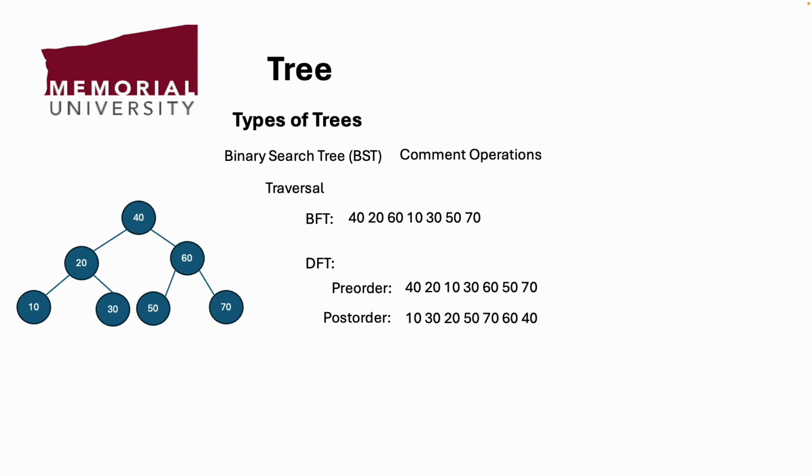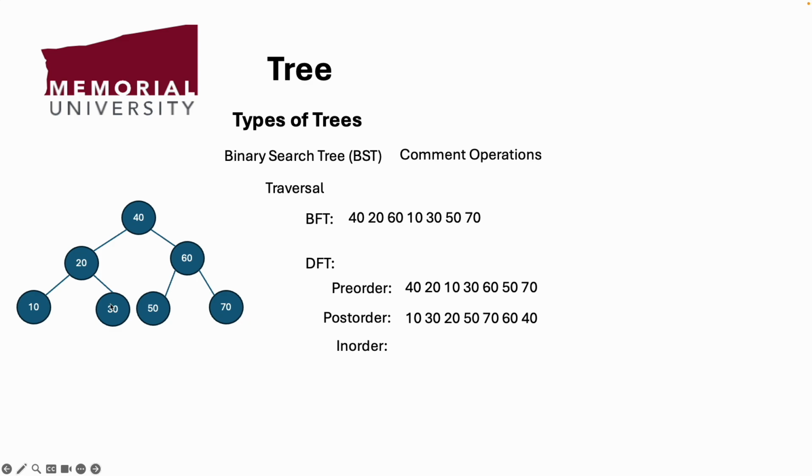Okay, now let's quickly look at the in-order. For the in-order, what do we have here? How does the in-order work in the binary tree? In-order will be the left child, and then the node, and then the right child, in this order.